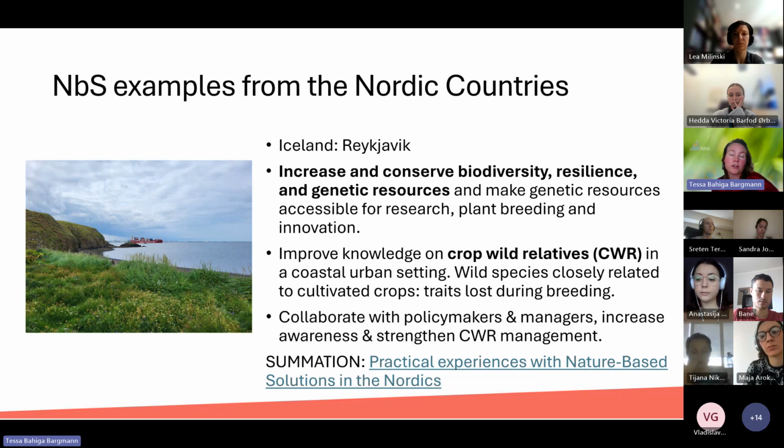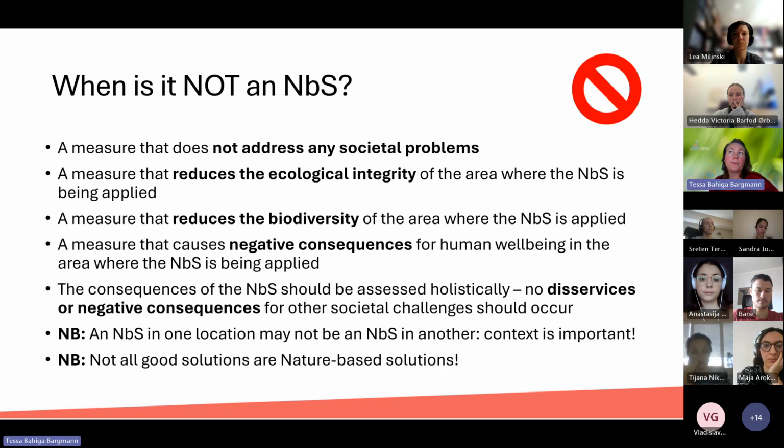So this project focuses on conserving those kinds of species in Iceland. Yeah, okay, so those are some examples. There are many more, so you can look those up and ask for more examples if you like. But just kind of a summary.